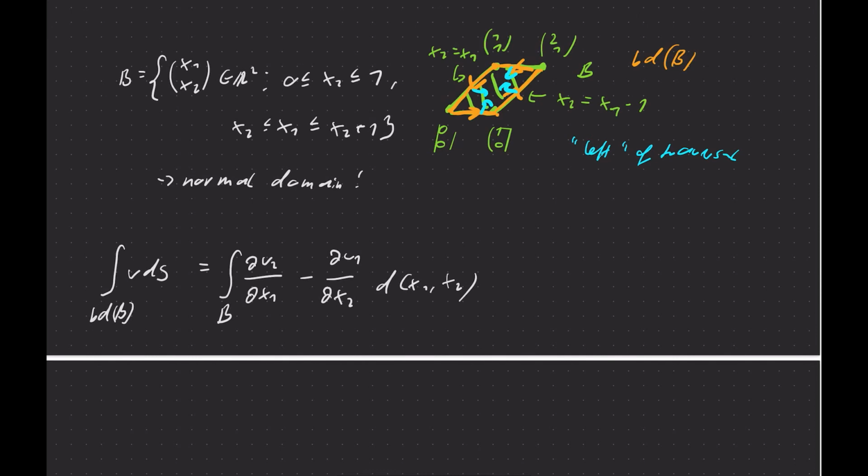And as I said, B is a normal domain. We do know how to integrate over normal domains, so this should not be too complicated. We do need to compute this expression here though.